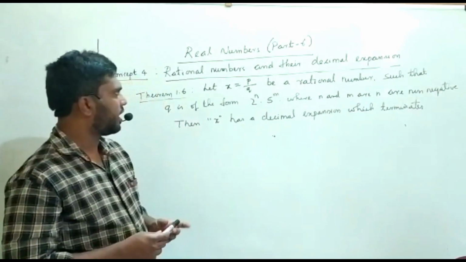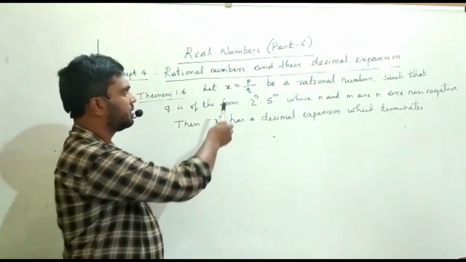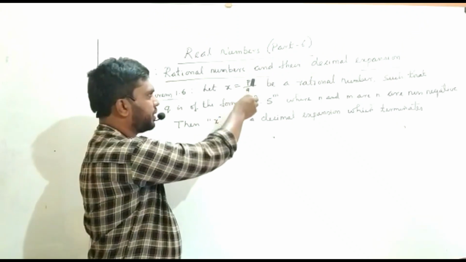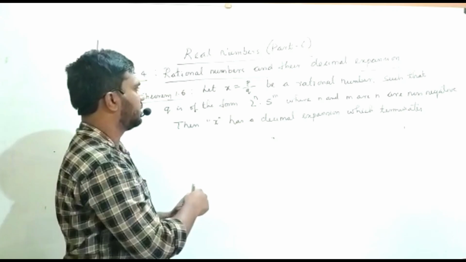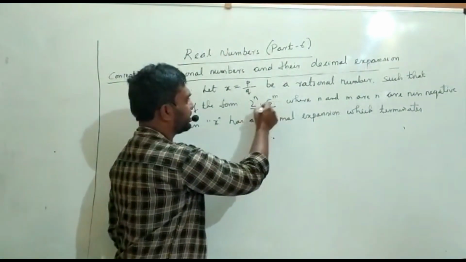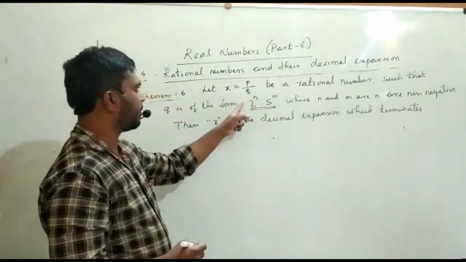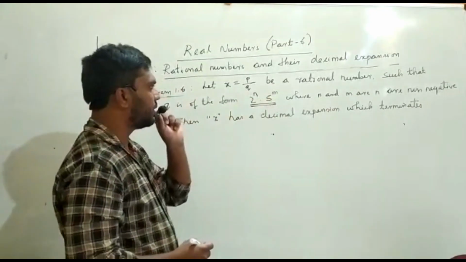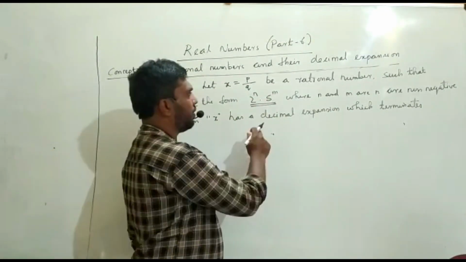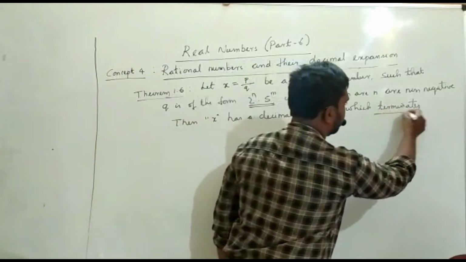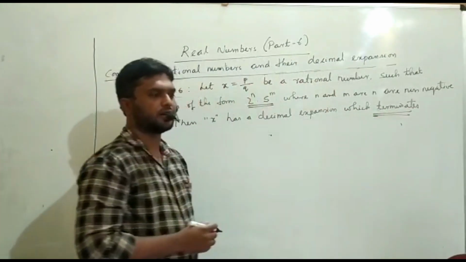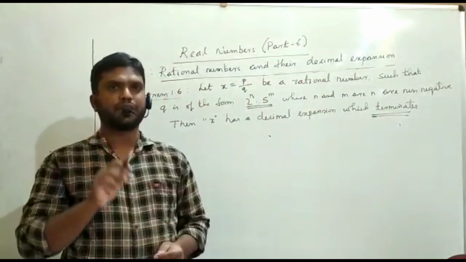Now, if you have a rational number in the form of p by q and q has the prime factorization in the form of 2 to the power of n and 5 to the power of m, then if you want to write that p by q in the form of decimals, it will terminate. This is the converse of the previous theorem.